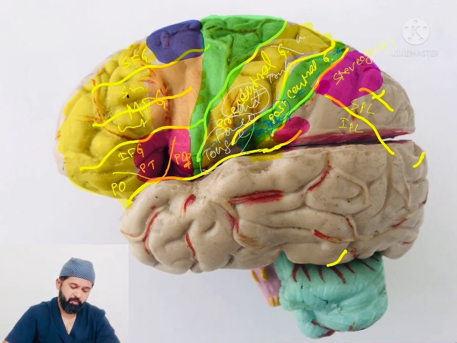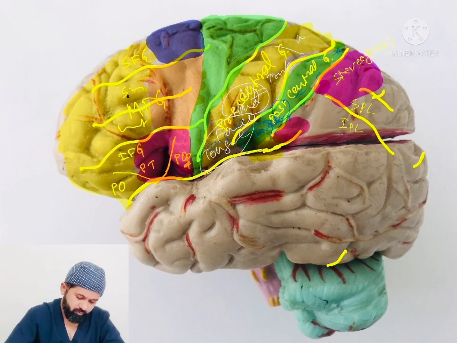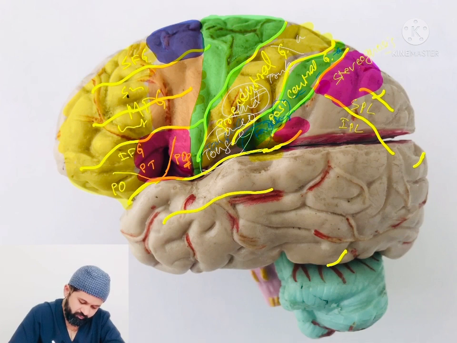The rest of the inferior parietal lobule is divided, as we'll see. The temporal lobe again has three sulci on the superolateral surface. The top sulcus is the superior temporal sulcus, and the area between the superior temporal sulcus and the sylvian fissure is the superior temporal gyrus.